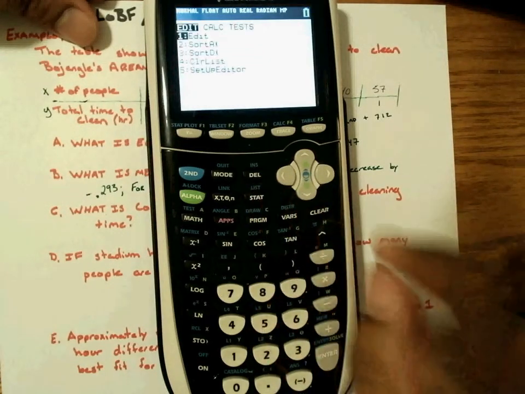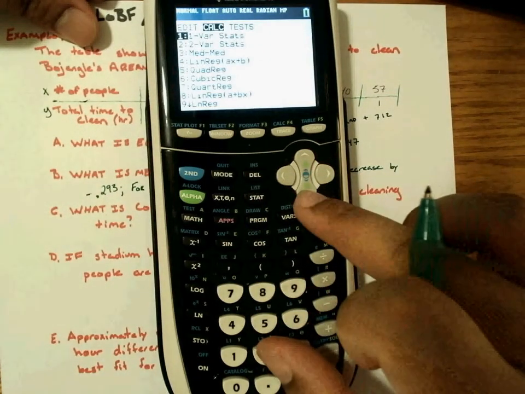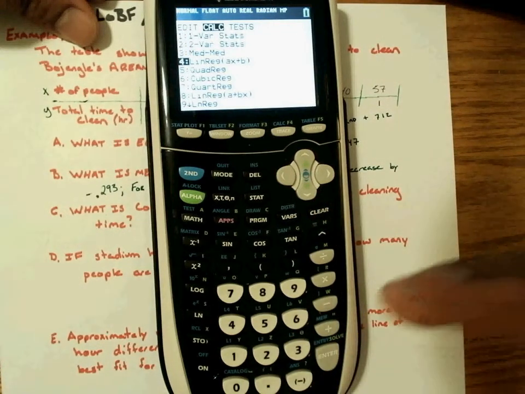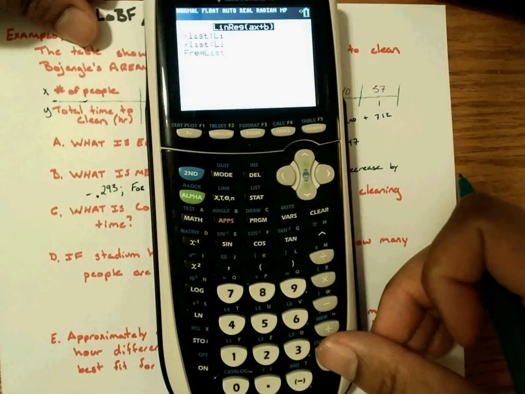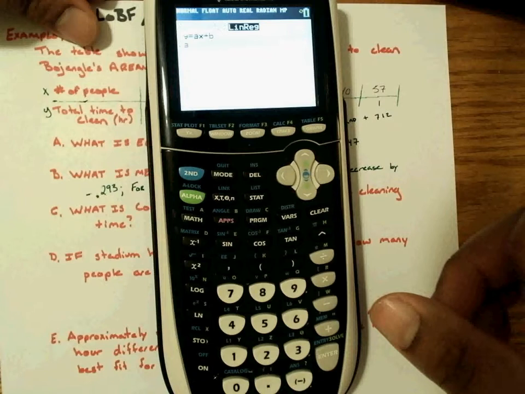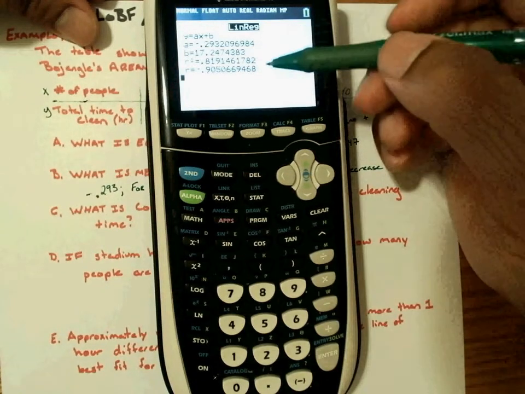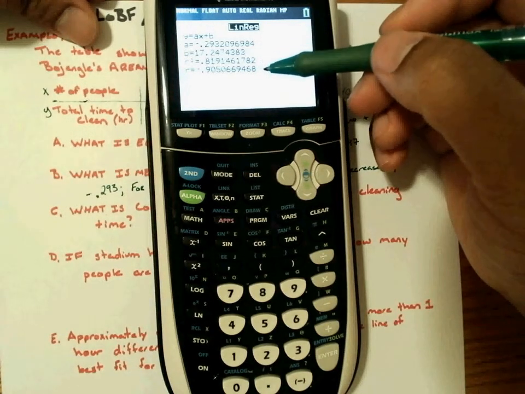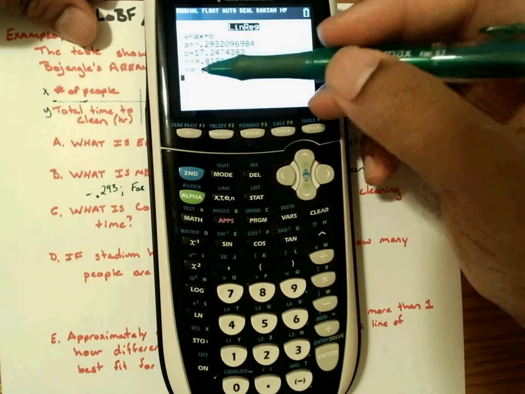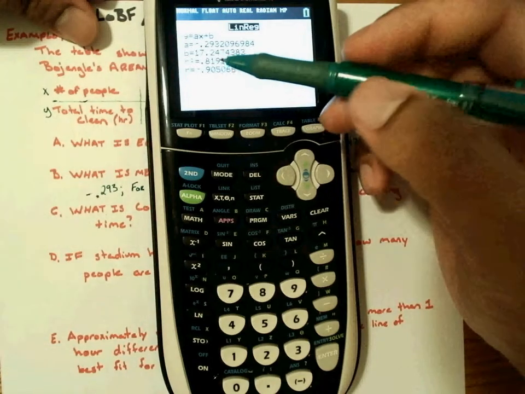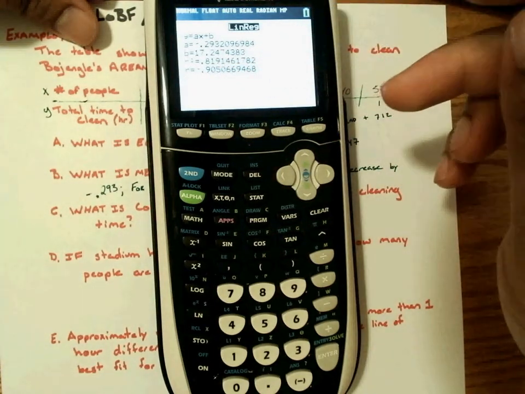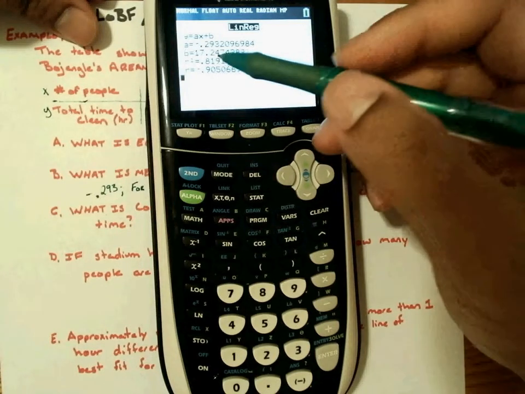From there, we go back to stat, over to calculate, and linear regression again. So we're going to recalculate how we got our equation, and go down to calculate again. And as you can see, we have two new values: r squared and r. We want to just use the r, and anytime this r is 0.85 or larger in absolute value, we call that a strong relationship.